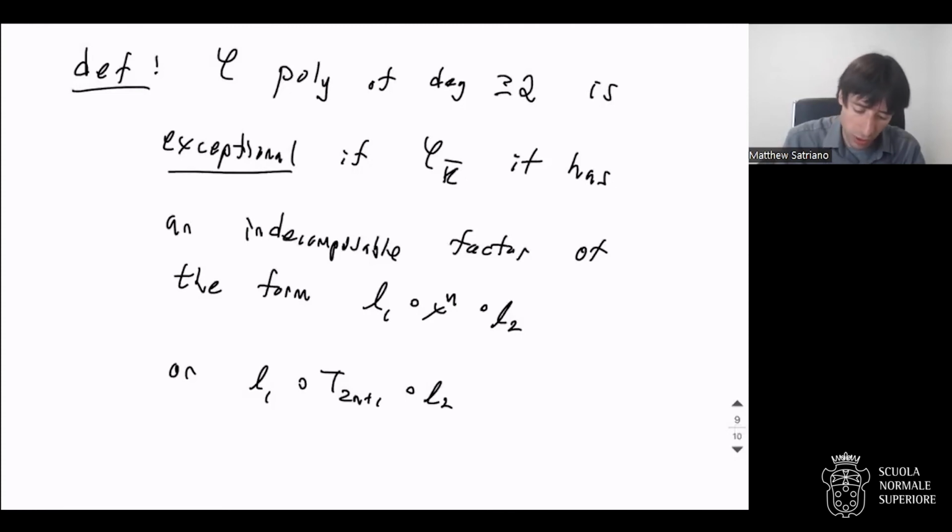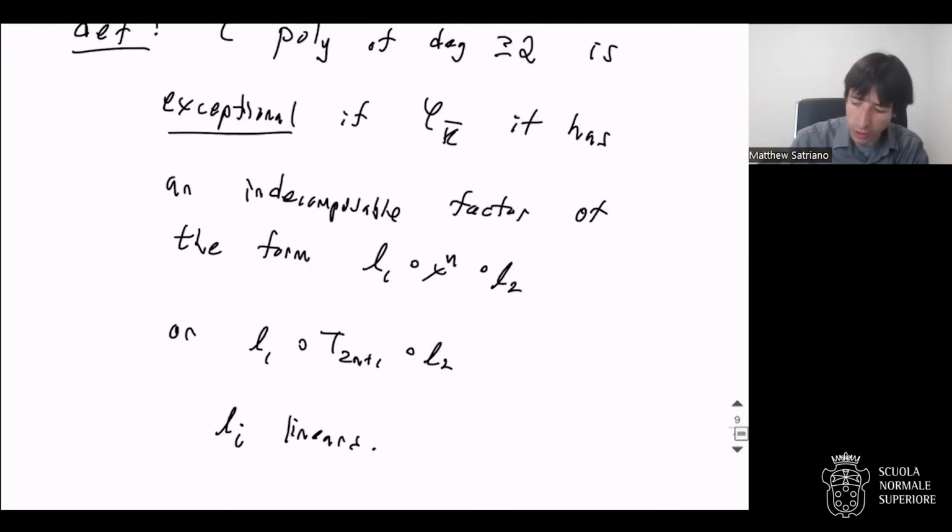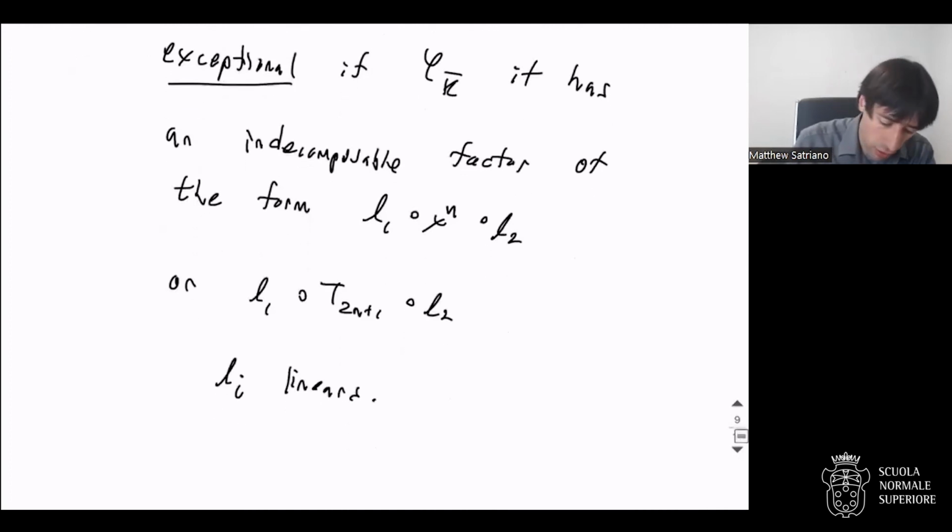So the Li are linear maps. So we're just saying, you take your phi, you decompose it in terms of composite factors, and then if up to a linear change of coordinates you see a power map or an odd Chebyshev, then we're going to say discard this guy.